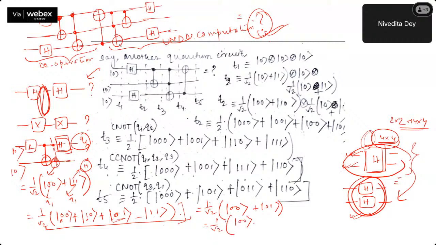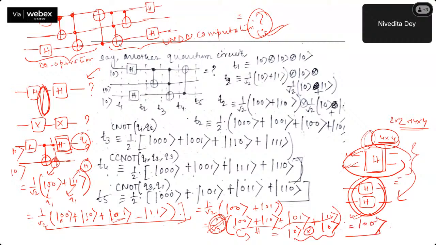It is coming 0 plus 1 0, forget about the amplitude, and this 0 will be 01 again, plus 11, with that amplitude. If I now apply a Hadamard, I'll be getting the same thing individually. So it will be 00. Yes, thank you. I just missed the CNOT gate.